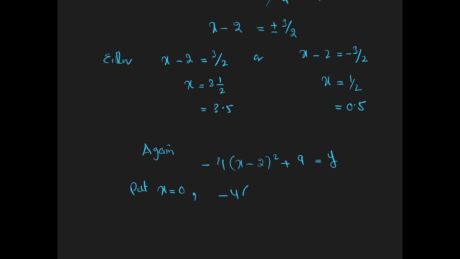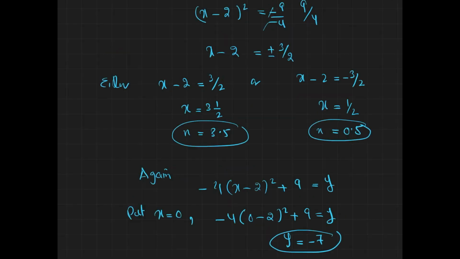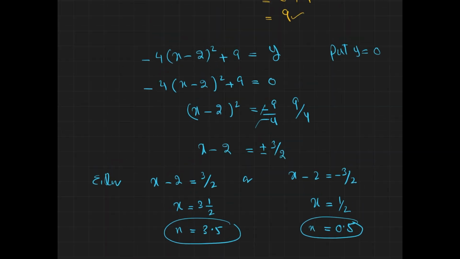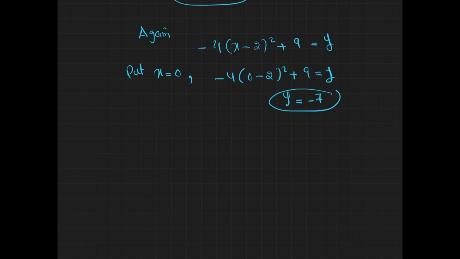So minus 4 (0 minus 2) whole squared plus 9 equals y. Solving this, you will get y equal to minus 7. So all the parameters required in order to sketch our graph are available now, and using all these values we can then sketch our graph.